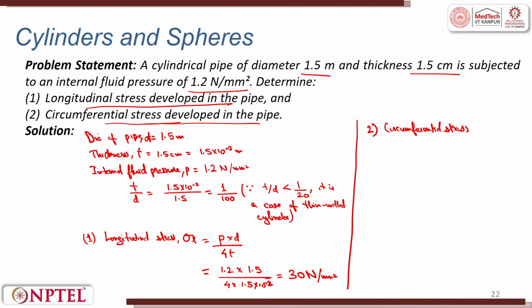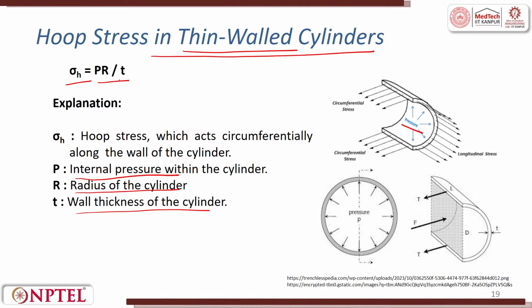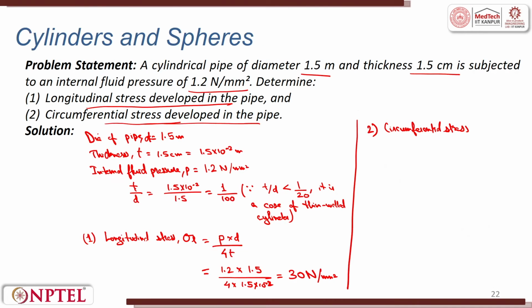Circumferential stress, just to recall the formula, it is PR by T. Because diameter is given, this becomes sigma circumferential is equal to P into D by 2T.